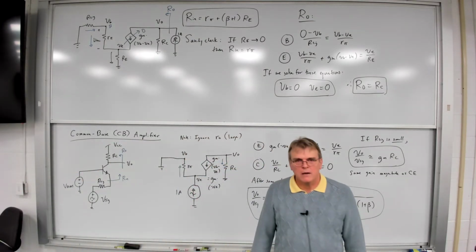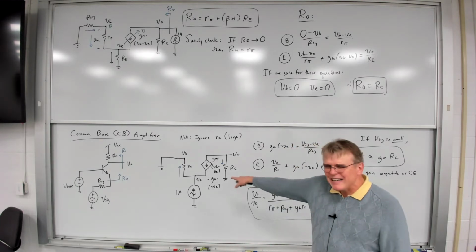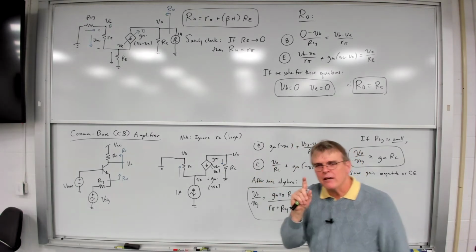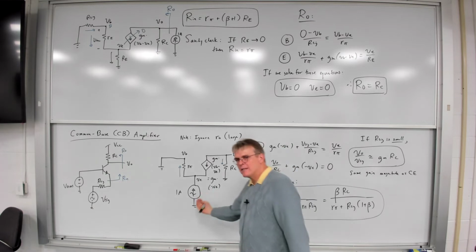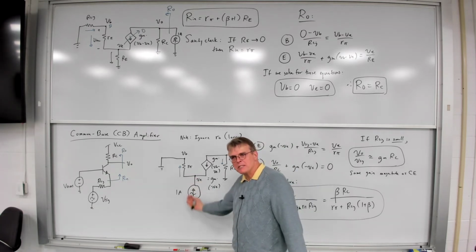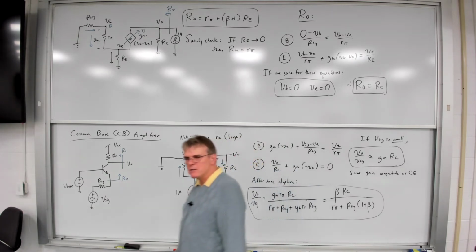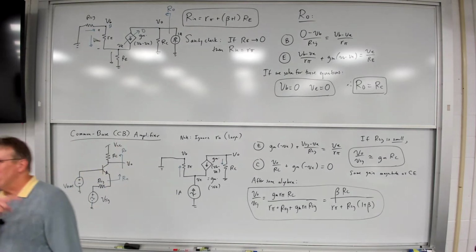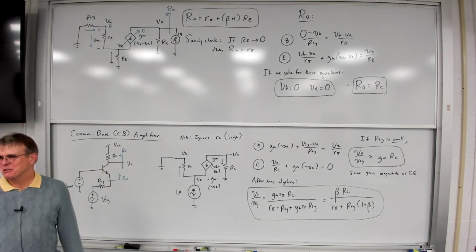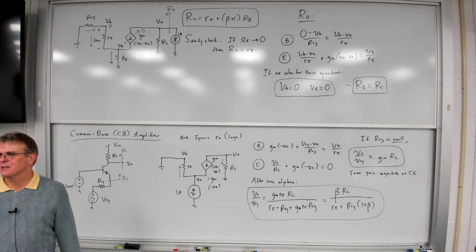And actually, we already did this. Remember when we did the little r sub e, when we looked at the input resistance seen looking into the emitter of the transistor? We actually already have done this exact small signal analysis.